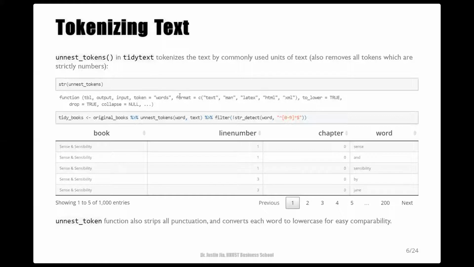Here we use the default unit, words, for tokenization, and specify the name of the output column to word and the name of the input column to text. So we end up with a new data frame with each observational unit corresponding to an individual word. unnest_tokens also strips all punctuation marks and converts each word to lowercase for easy comparability.